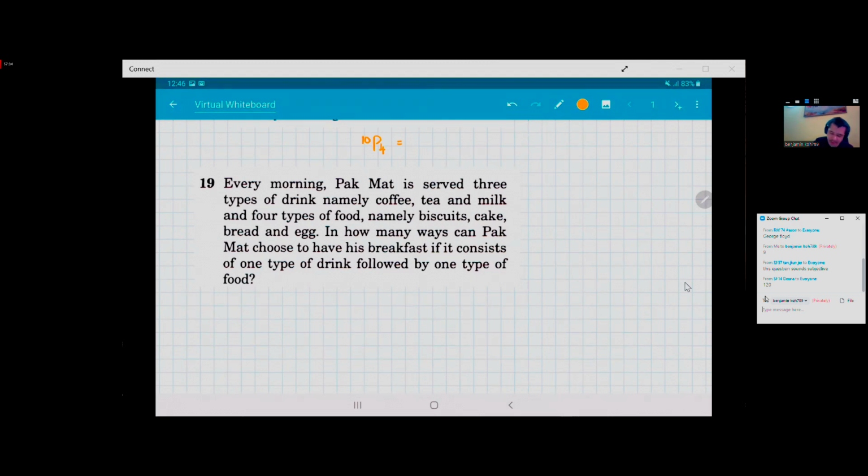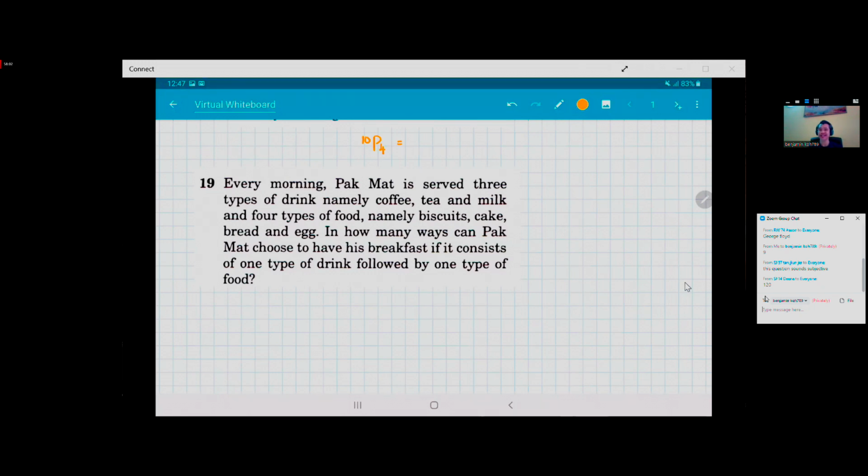So pilihan dia. He's got a choice of coffee, tea, milk. And then for his food, he's got 4 choices. He's got biscuits, cake, bread, and eggs. Terdapat 4 pilihan bagi makanan. So what is the answer? What is the number of ways? How many ways can Pak Mat have his breakfast? Cuba kira. Okay, try and calculate. Find your answer.